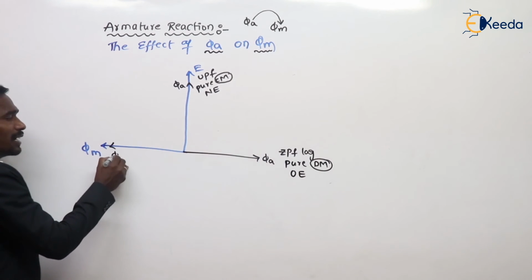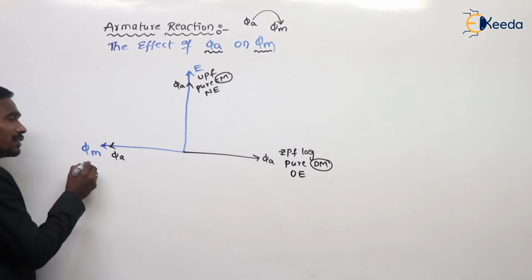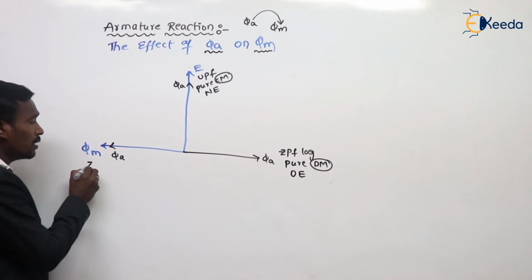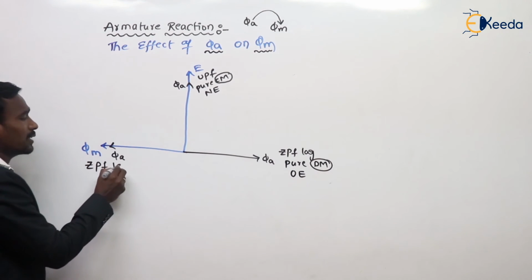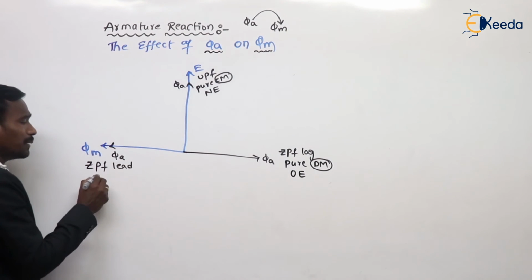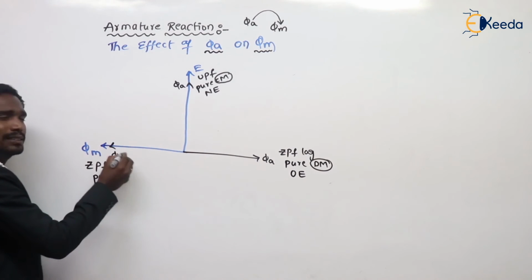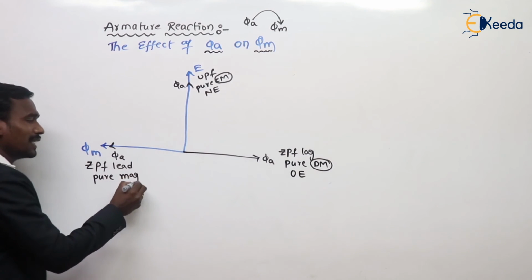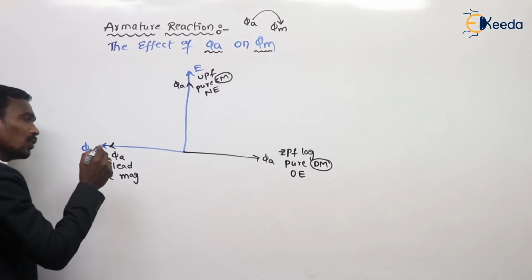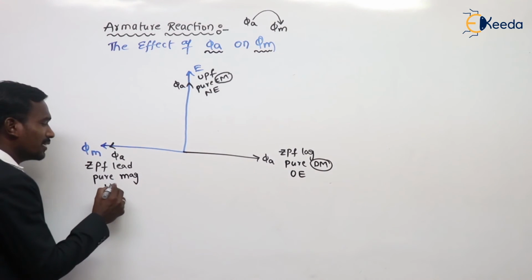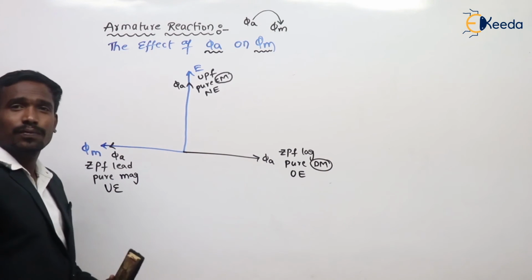If armature current and armature flux are here, that is pure capacitive load, zero power factor leading, both in the same direction, that's why pure magnetization. So this is under excited condition.